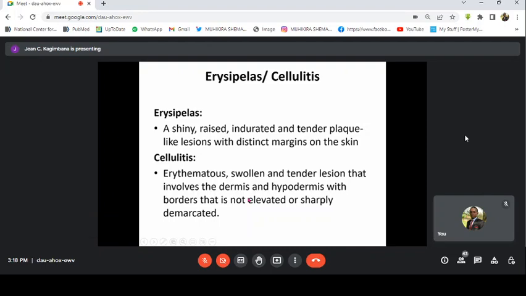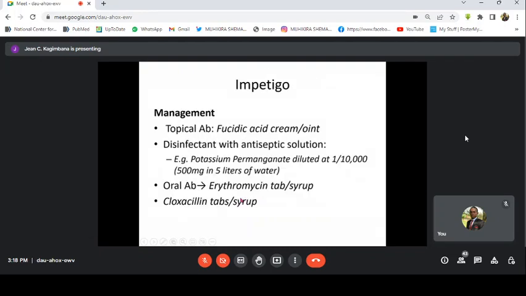Now, impetigo we have seen. We have two types, non-bullous and bullous. Okay, and the complication is that they may lead to sepsis or to 4Ss. Now, management: topical steroid?